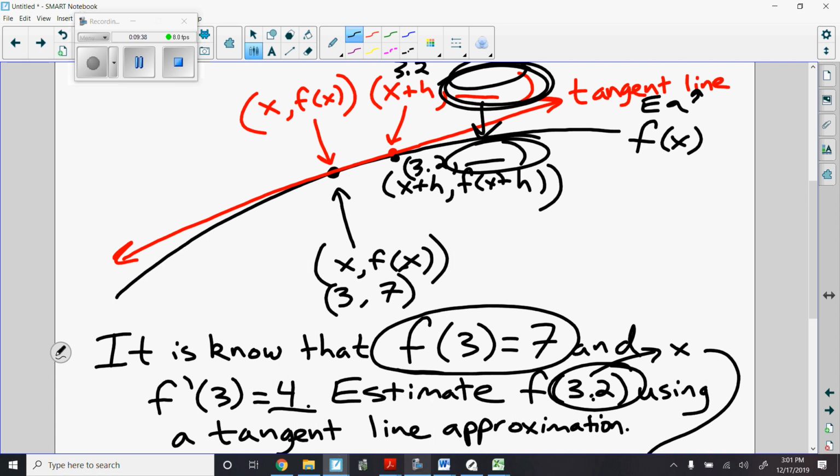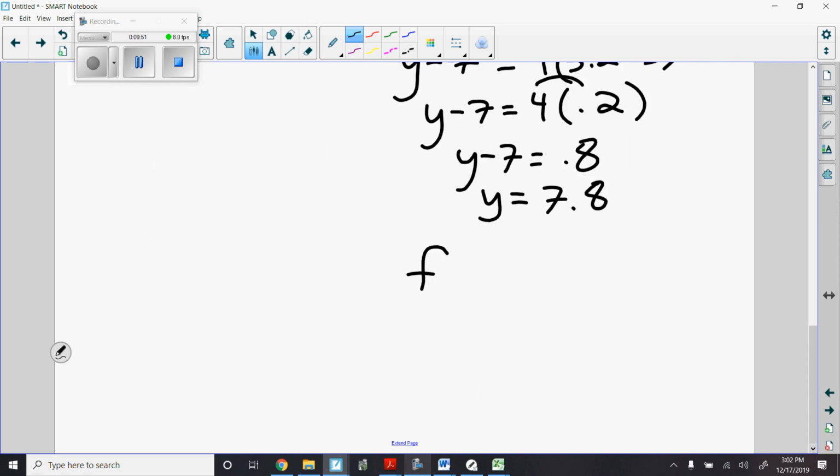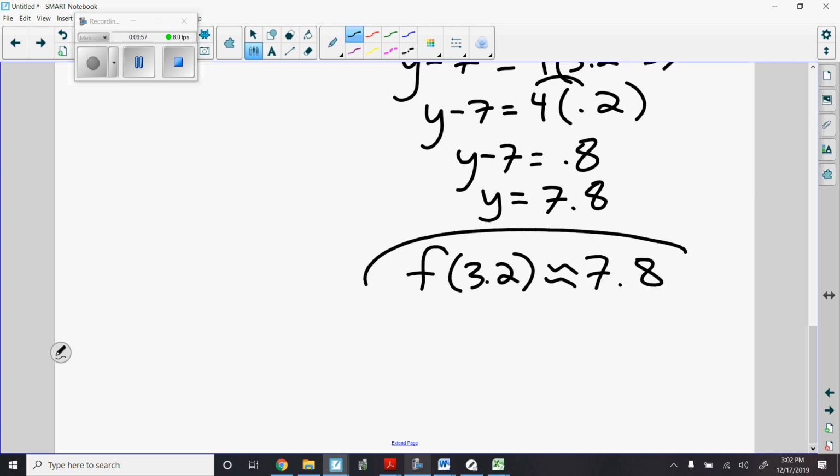But it's not exact, and when we write this, we need to show that this is not an exact answer, this is an estimation. So the last thing we have to do is this. Therefore, f of 3.2 is approximately 7.8. Okay, and that's it.